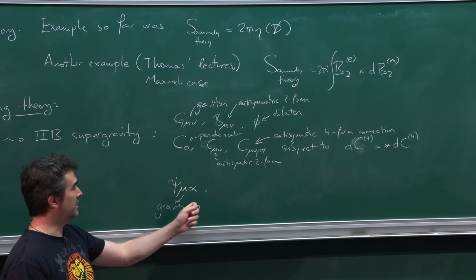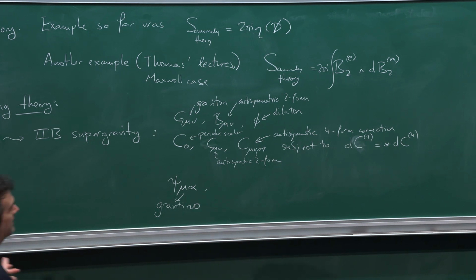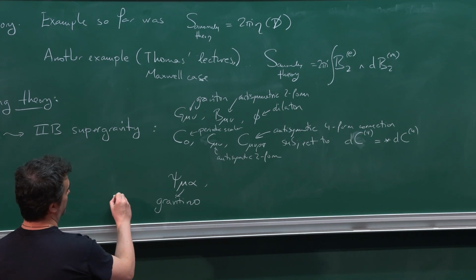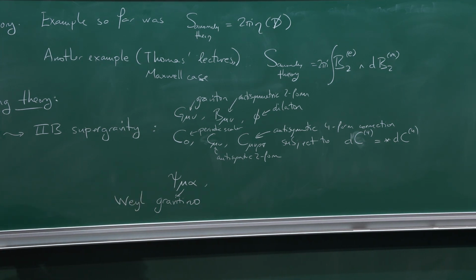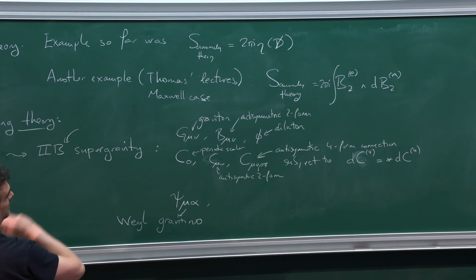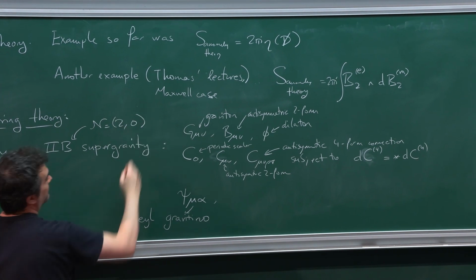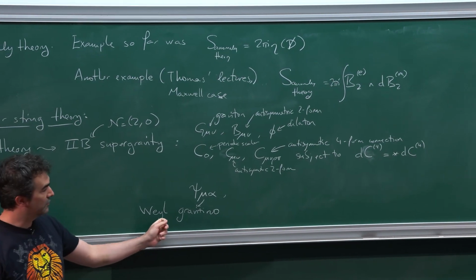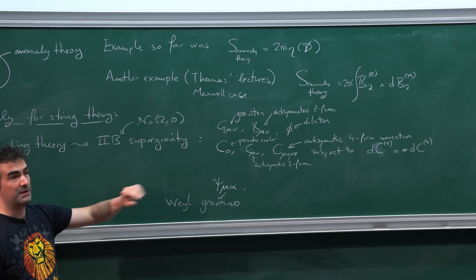It's a fermionic field which has one spinor index and one vector index. And I'm going to view this as a Weyl gravitino. In 10 dimensions, this is not the minimal choice. I could impose additionally Majorana conditions, so there's such a thing as Majorana-Weyl fermions in 10 dimensions. So this theory is typically known, if you count Majorana-Weyl fermions, as the N equal to 2, 0 theory. That's because you get two Majorana-Weyl gravitinos of the same chirality. Okay, but I'm going to think of this as a Weyl gravitino.